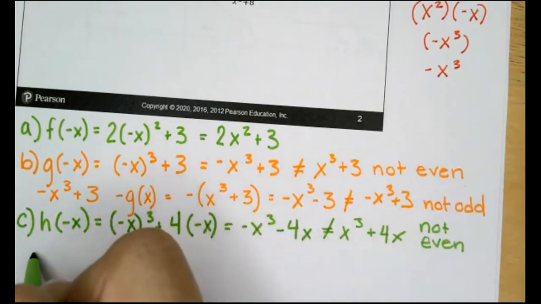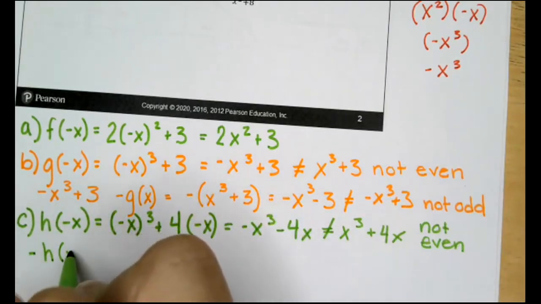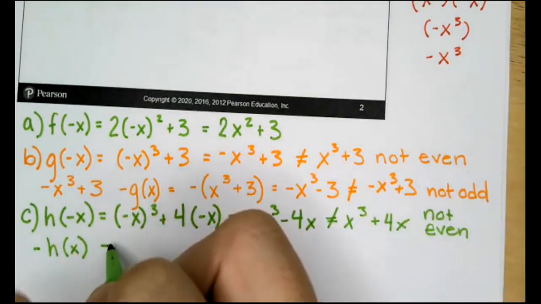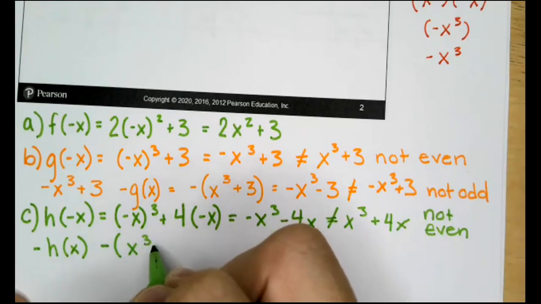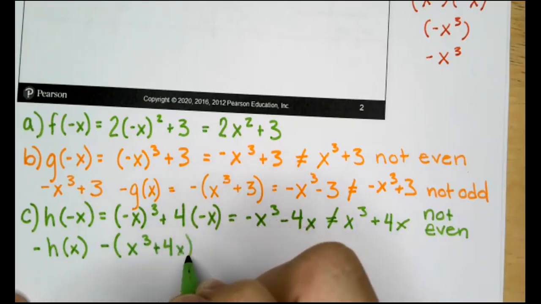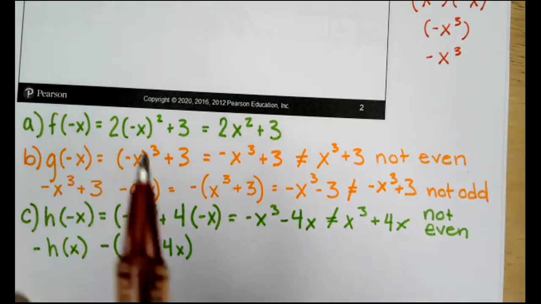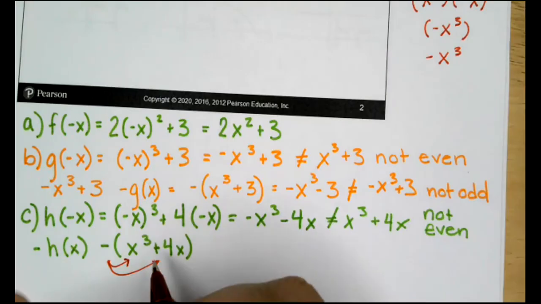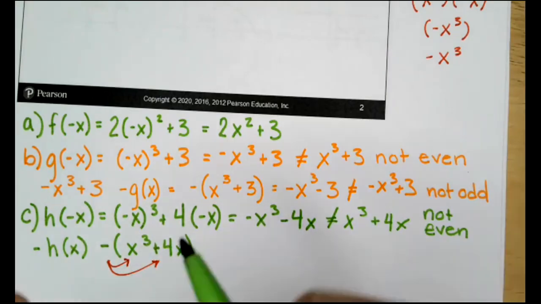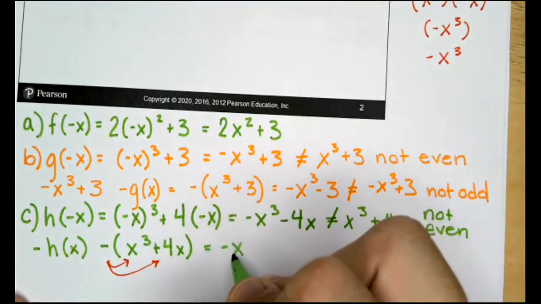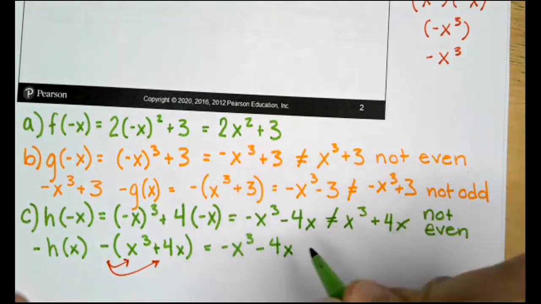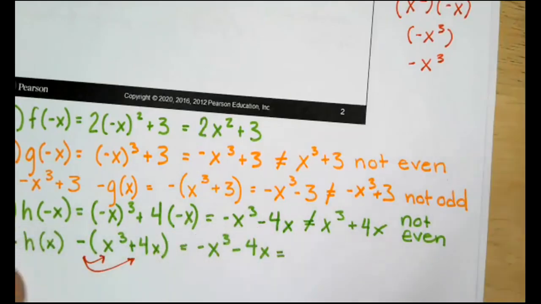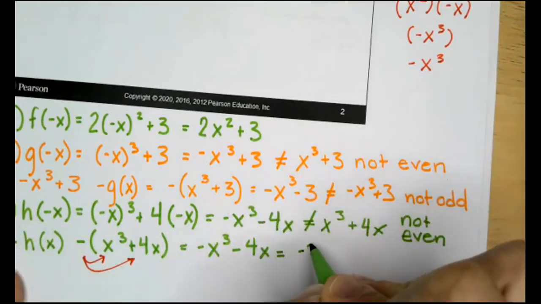And then let's do negative h of x to see if it's odd. Okay, negative h of x, we'll just put a negative sign in front of everything: x to the third plus 4x. And I will distribute that like it's a negative 1, okay? Negative 1 times x to the third, negative 1 times positive 4x. Becomes negative x to the third minus 4x. And our h of negative x was negative x to the third minus 4x.